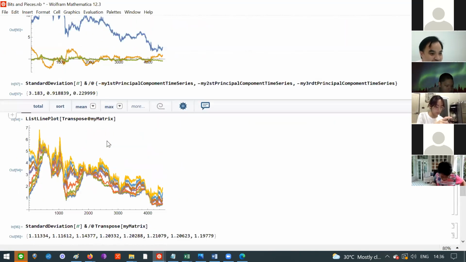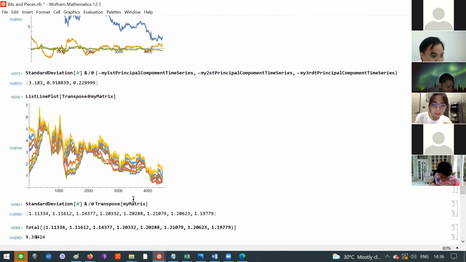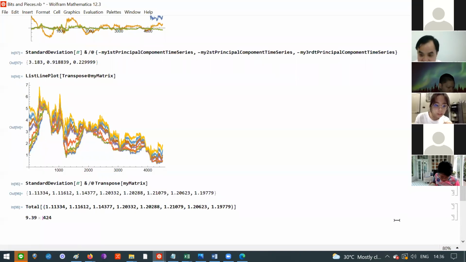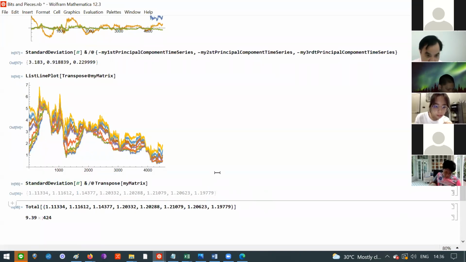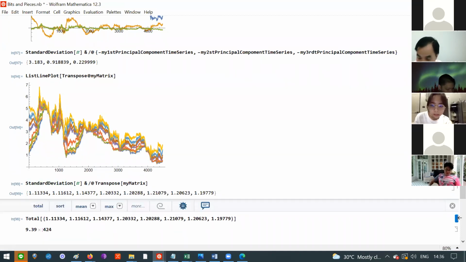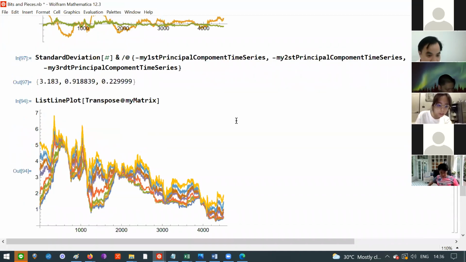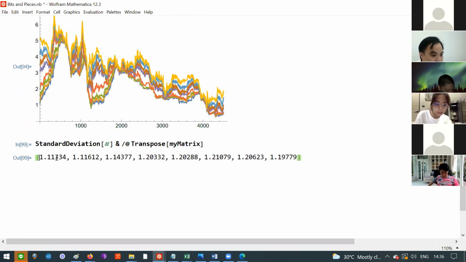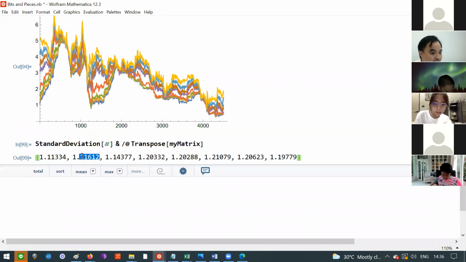Look what happened. This is the variability in the 3-month interest rate, variability in 6 months, 1 year, 2 year, 4, 5, 7, and 10.